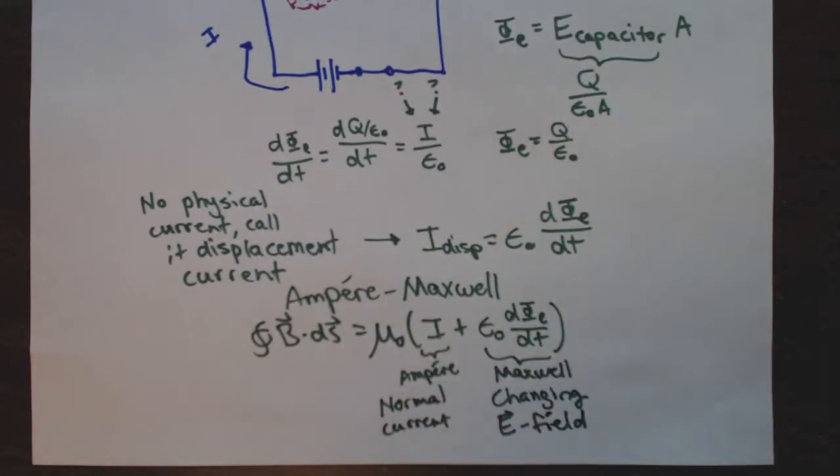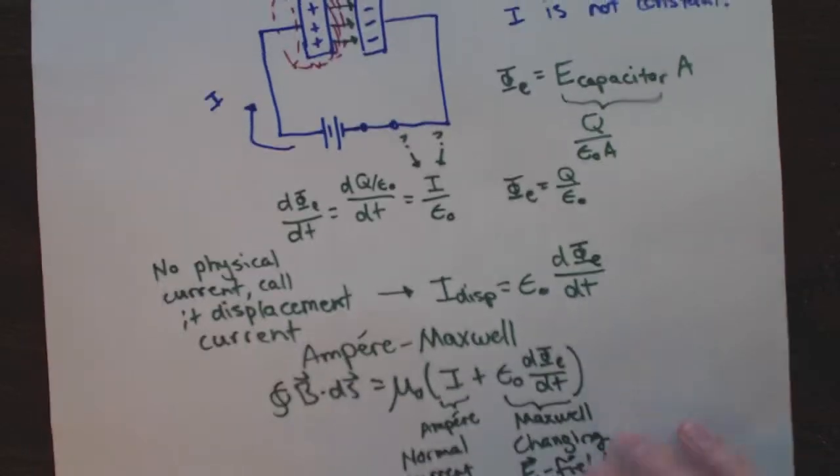So either you have your current creating that magnetic field, or you can think of it as the changing electric field creating it. Surface one is creating the magnetic field through the current, but surface two is creating the same magnetic field through the changing electric field.